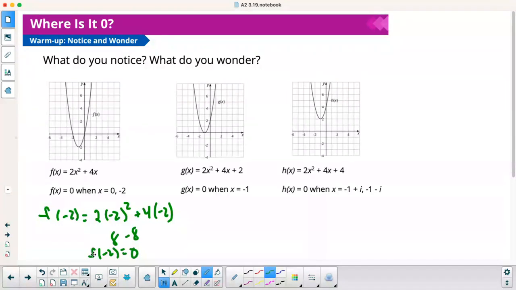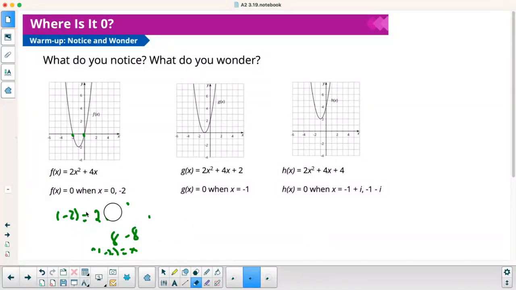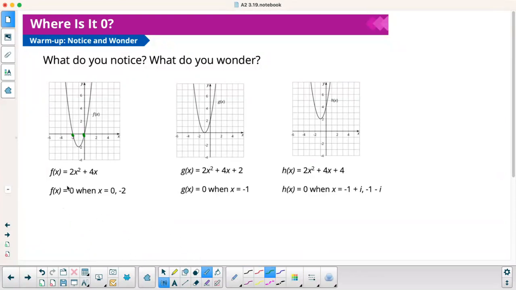So there's some notice stuff right there. I'd also notice that both of those are our x-intercepts, 0 and -2. I would probably notice that I could solve this by factoring. If I pull out a 2x and set it equal to 0, I'd get x plus 2.